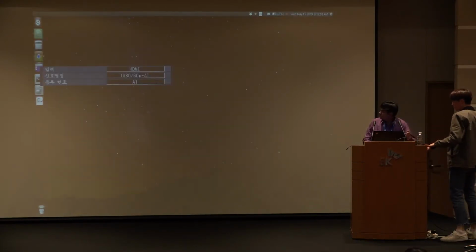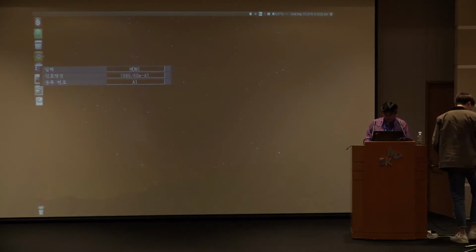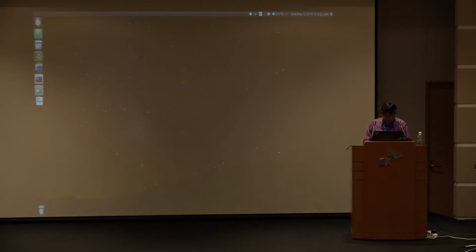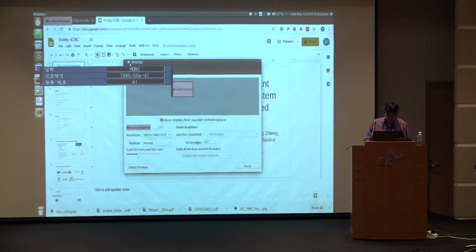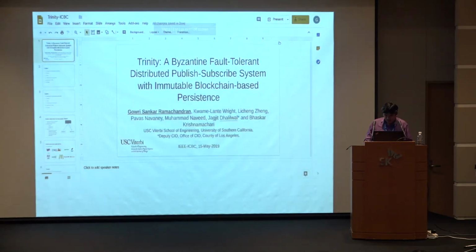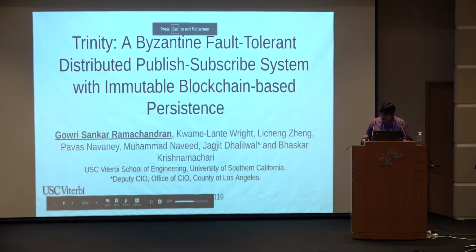Gauri is a postdoctoral researcher at Cyber Physical System and Internet of Things, Viterbi School of Engineering at the University of Southern California. His research interests are IoT, smart cities, edge computing, and network protocols. Lately, Gauri is exploring blockchain technology and its application in IoT. He received his PhD from KU Leuven, Belgium. So over to Gauri.